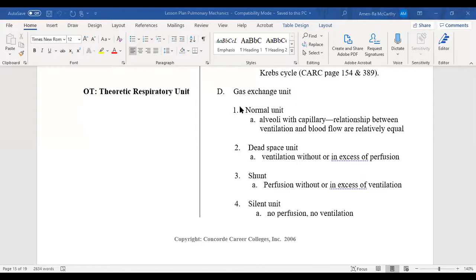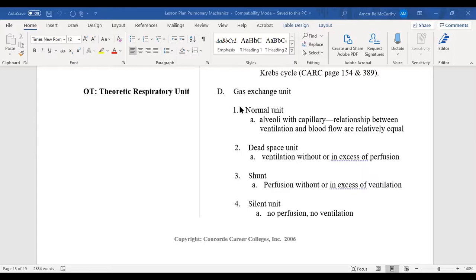The VQ is the ventilation to perfusion ratio. We should have about 4 liters per minute alveolar minute ventilation to 5 liters per minute of cardiac output. That's about normal. But when we have not normal, we have a VQ mismatch. Something's going on, and that can tell us what may be going on in the alveoli.